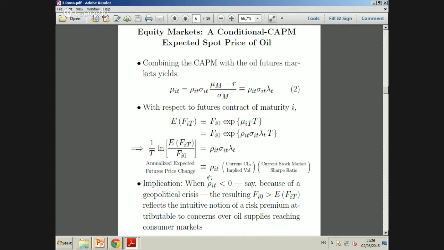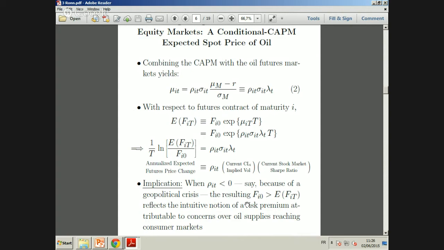And the other nice thing, or the implication of the model, is that when you have a supply-side shock, to some extent, futures prices are too high. That's what the lay literature refers to as a risk premium, right? Prices are elevated because we're concerned about the availability of supply to demand markets. And so you can see that that is the time when you get a positive difference between the futures price and the expected price.